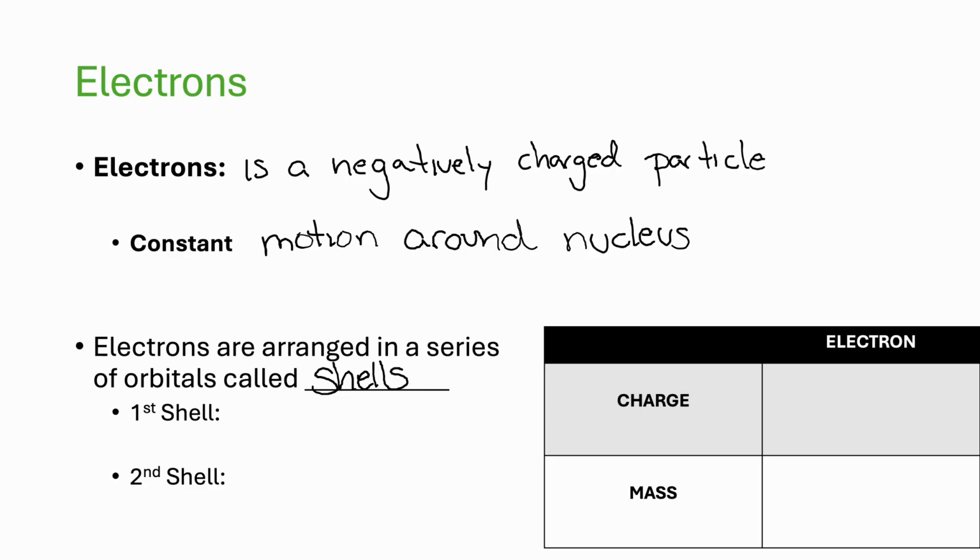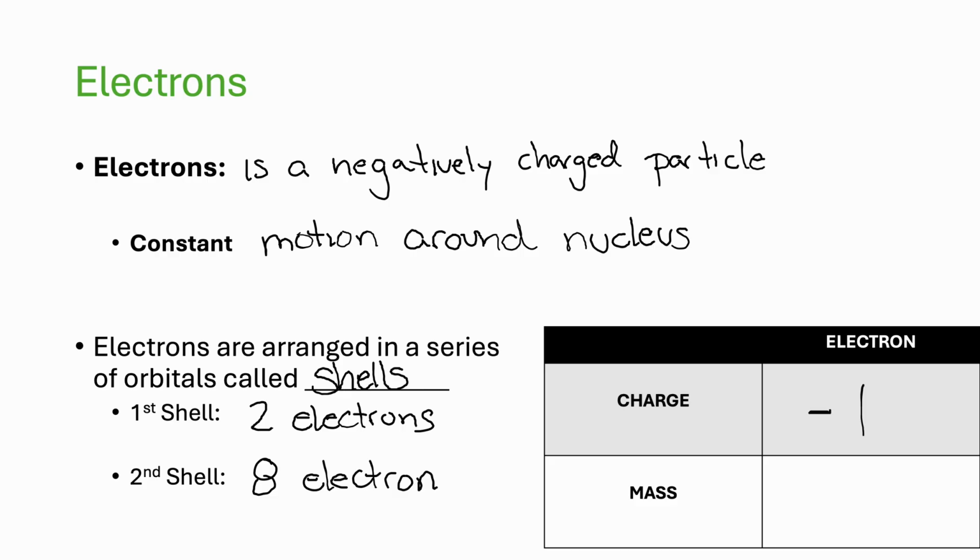So in an atom, the first shell can hold 2 electrons. In the second and succeeding shells, it can hold 8 electrons. So what atoms naturally want to do, in order to become stable, is fill their outer shells. An electron's charge is -1, okay?